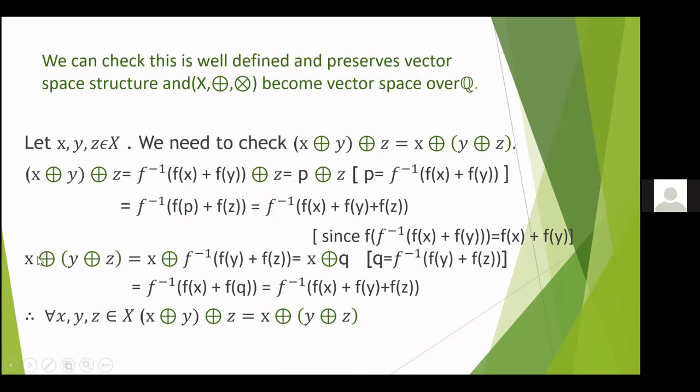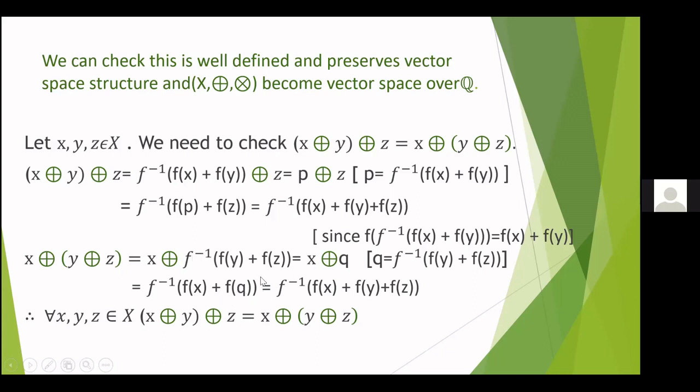And in the second part, I use the binary operation between y and z. So I get x plus F inverse of (Fy plus Fz). Again, for easy computation, I take it as q, and I apply the operation between x and q, and I get F inverse of (Fx plus Fq).